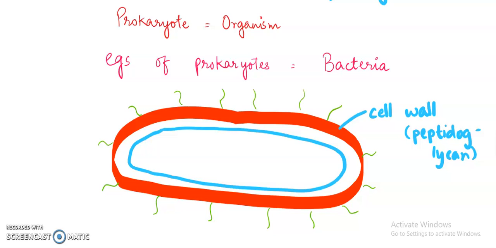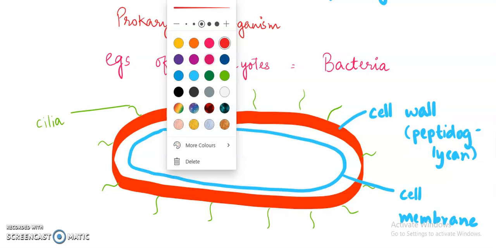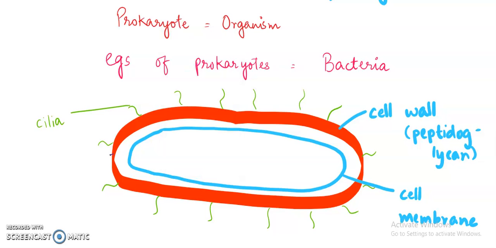Now bacteria, they contain small hair-like projections on their surface and these are known as cilia. So these hair-like structures, they are known as cilia. The blue layer here I have drawn, it is cell membrane or plasma membrane. Other than this, we also have seen that bacteria, they have long hair-like structure which is known as flagella.